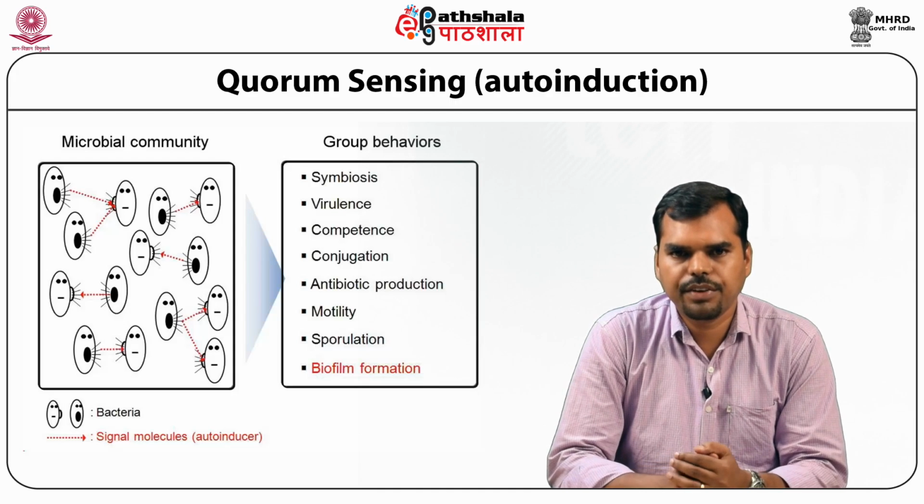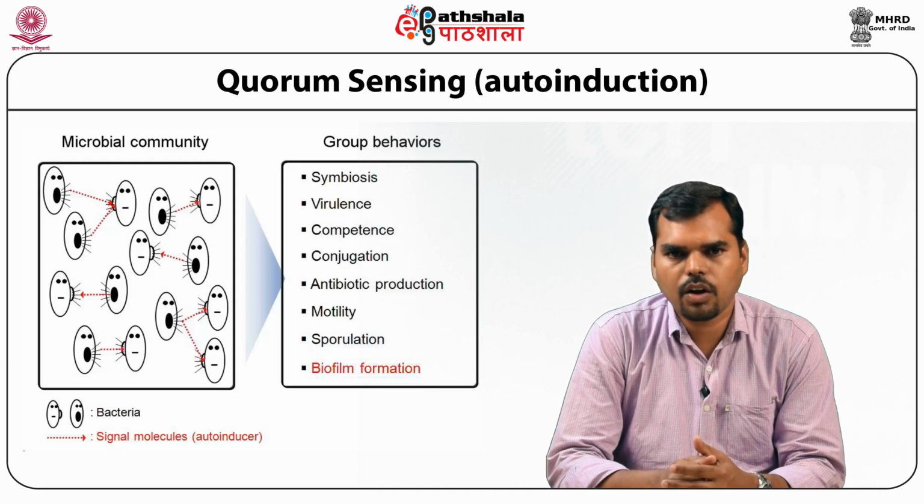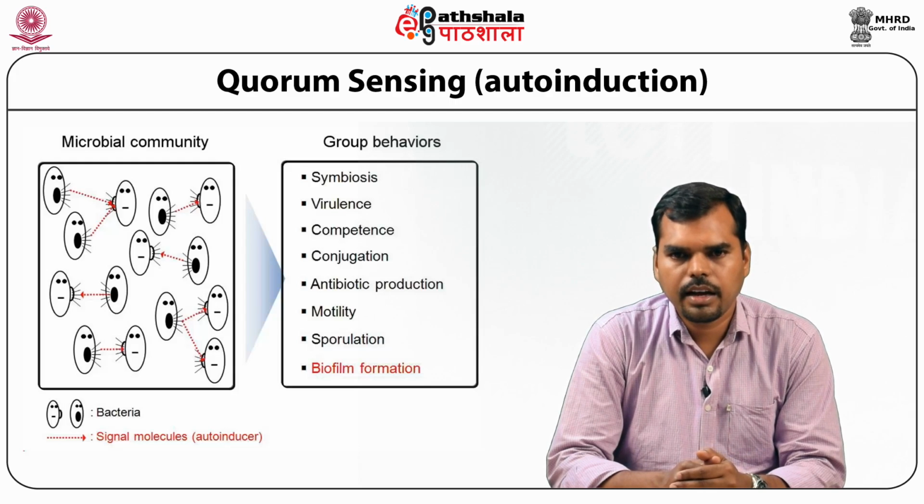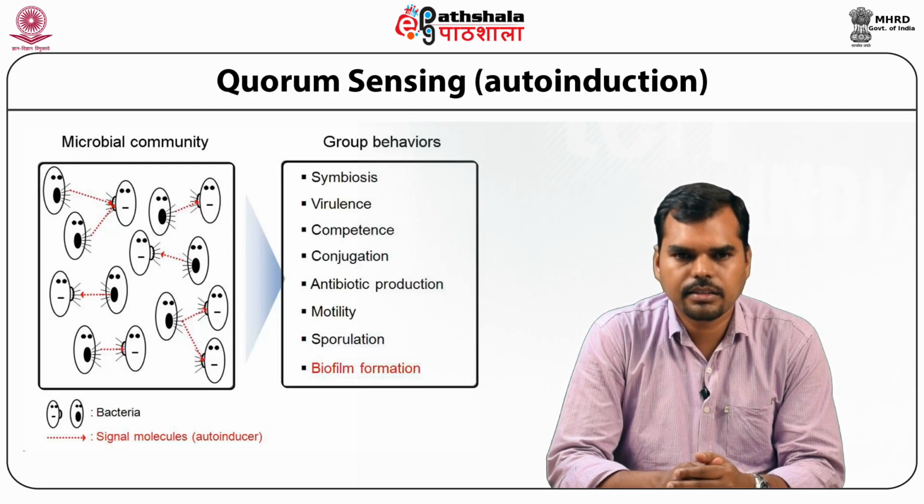It is a general phenomenon whereby the accumulation of signaling molecules enables a single cell to sense the number of bacteria, that is cell density. The microorganism produces specific auto-inducer compounds, and as the population increases and the concentration of this compound reaches a critical level, specific genes are expressed.